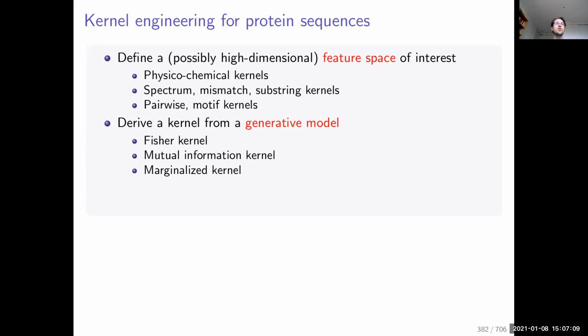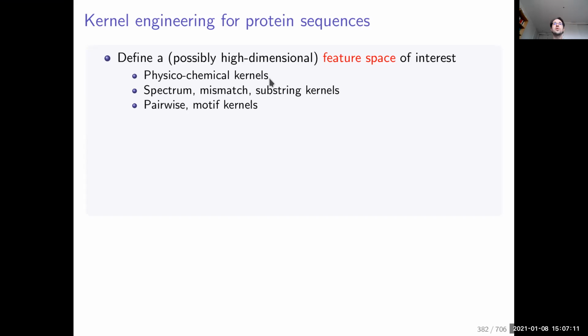The first class of kernels corresponds to defining vectors that represent our sequences, but vectors that are very high dimensional, meaning that it will be hard to manipulate these vectors explicitly, such that we will need to use a kernel method.